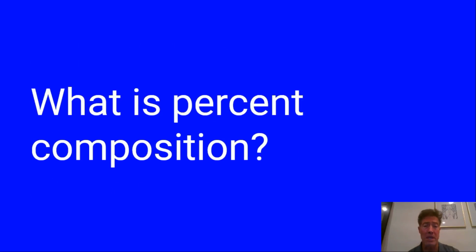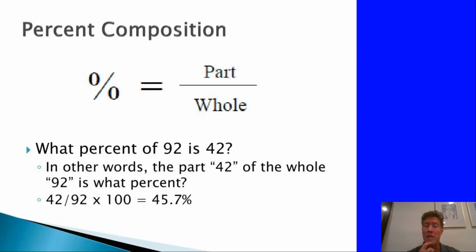Well, what is percent composition? Simply put, it is how much of the part is of the whole. What's the relationship of the part to the whole? So what percent of 92 is 42? We would say, okay, 42, the part, how much of the whole is that? We would just make a fraction or a ratio.